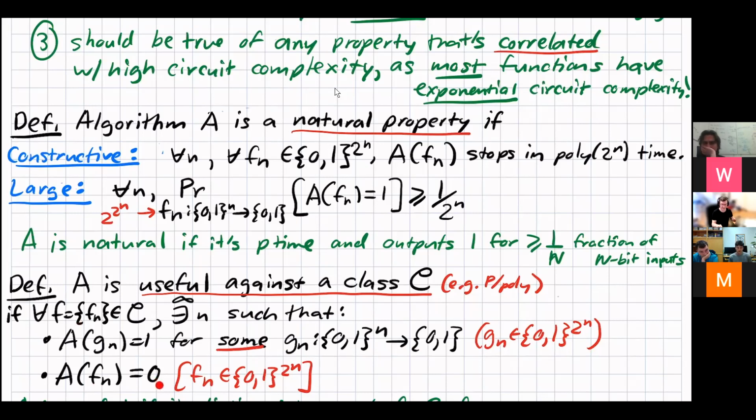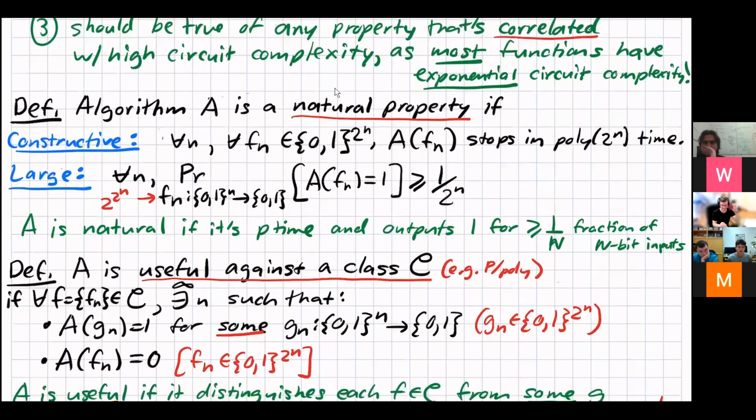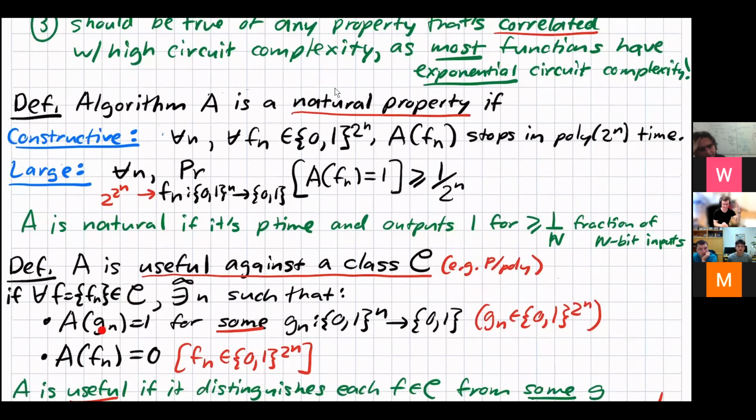This is the weakest notion of usefulness you could think of. The property is declaring infinitely many of these finite slices of every function in this class to be easy, but some other function is declared to be hard. This is just to rule out it being trivial and always outputting 0.